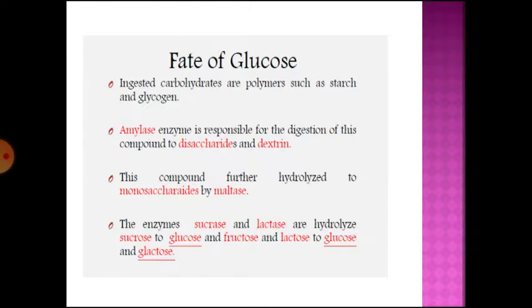The amylase enzyme is responsible for digestion of these components to disaccharides and dextrin. These are further hydrolyzed to monosaccharides by maltase. The enzymes sucrase and lactase hydrolyze sucrose to glucose and fructose, and lactose to glucose and galactose.